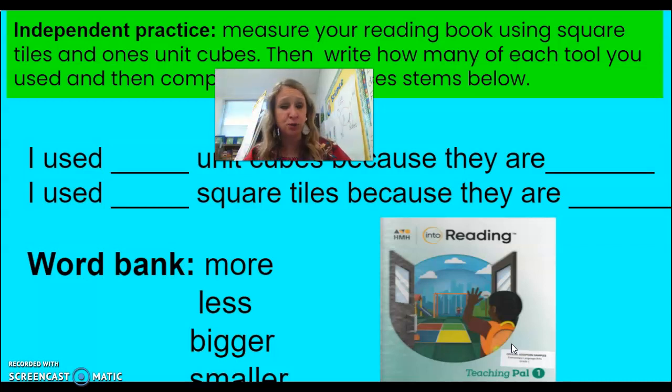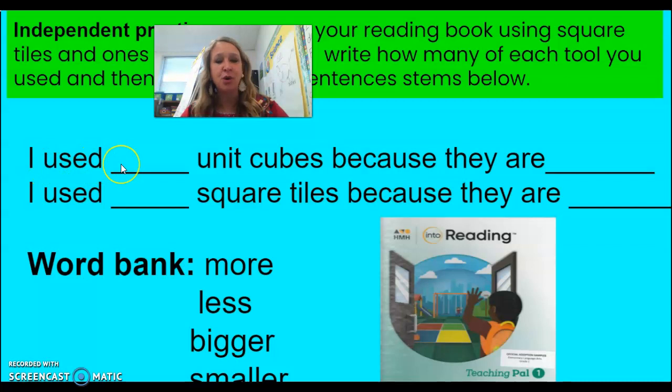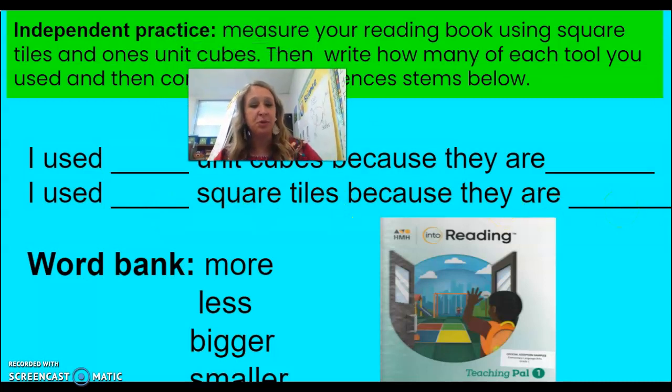If you don't have cubes and square tiles, then you can use beans and macaroni or whatever, as long as it's the same length or the same size. Then tell me if you used more unit cubes because they are blank or less square tiles because they are blank. Fill in the blanks just like we did on my assignment with my marker.